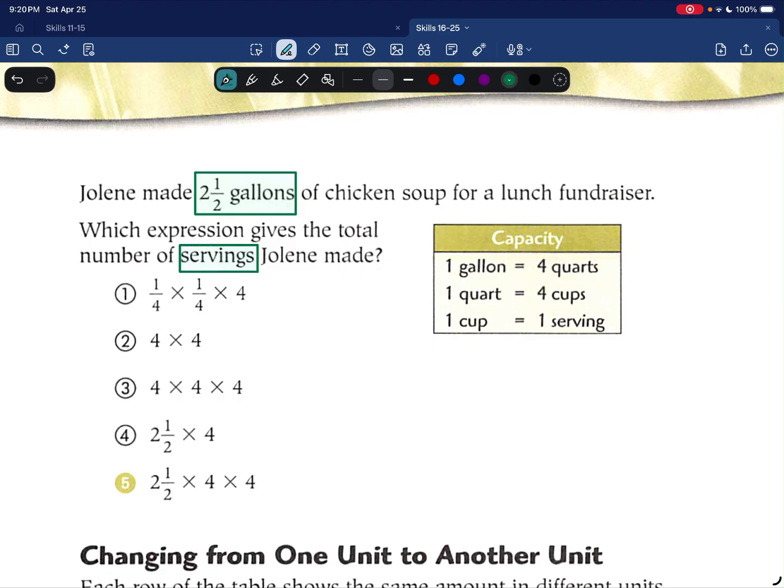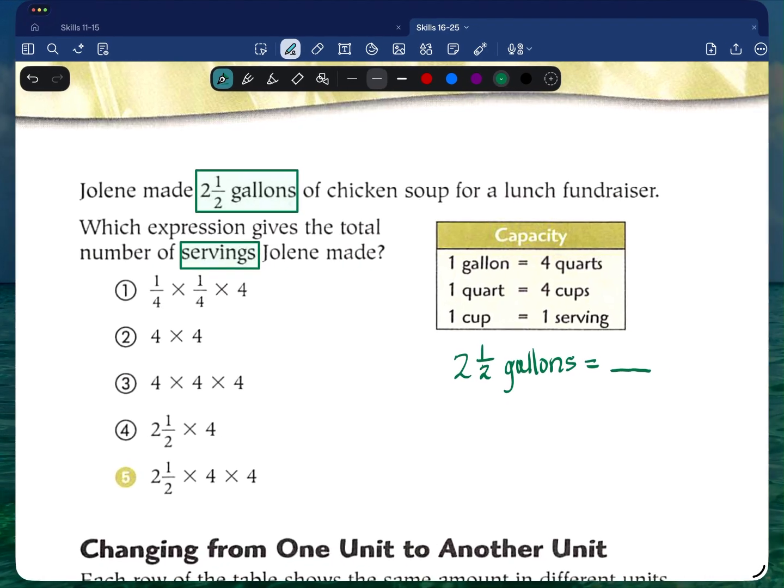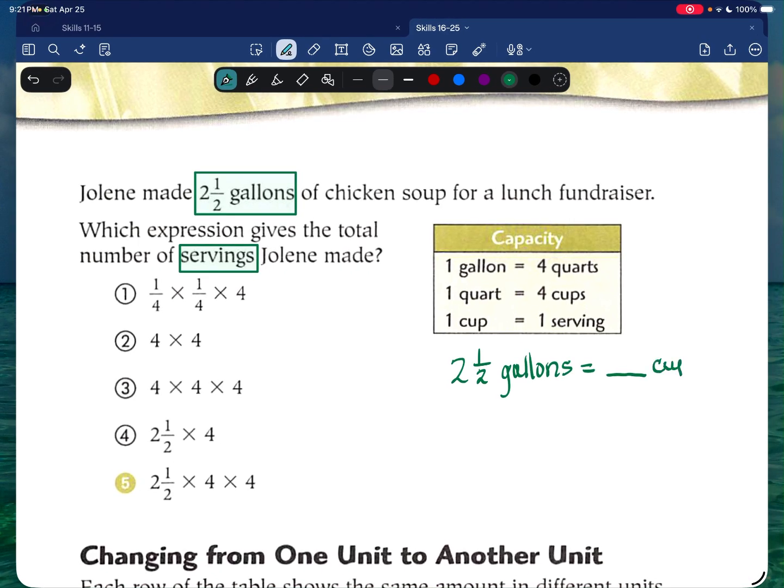I know that 2.5 gallons is a lot of chicken soup. We want to know how many servings, and a serving is a cup. So everyone who attends the fundraiser gets a cup of soup. That is 1 serving. So we are trying to figure out this equation: 2.5 gallons equals how many cups?